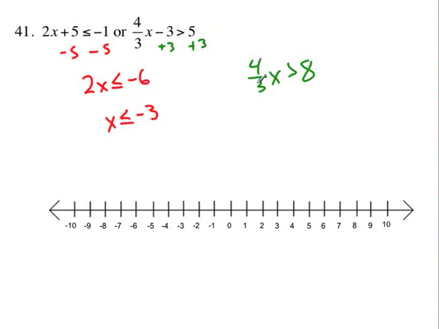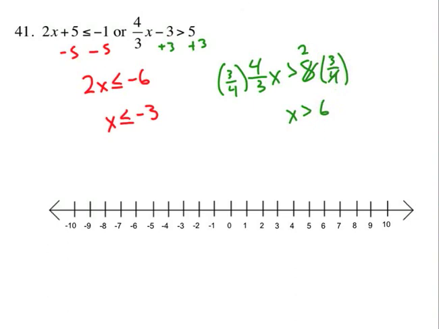A lot of people want to say divide by 4/3, but that just makes things look really bad. Dividing by something is the same as multiplying by its reciprocal. So I'm going to multiply both sides by 3/4. We're going to use our little trick: 2 times 3 is 6, so x > 6.